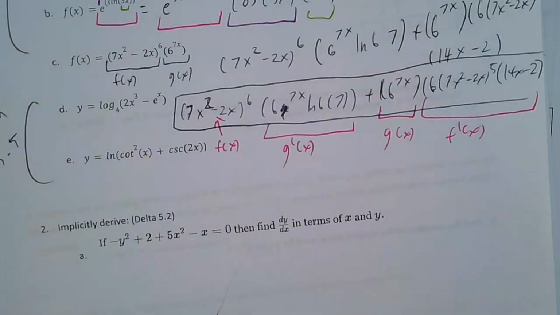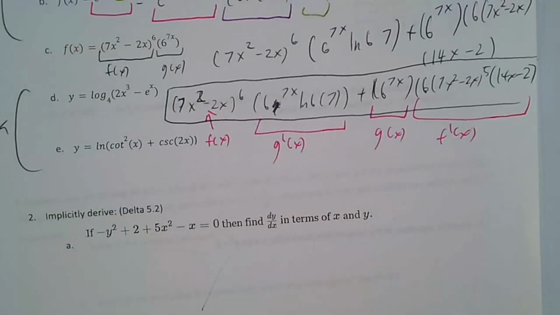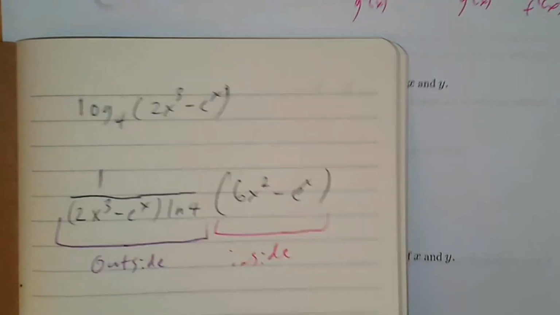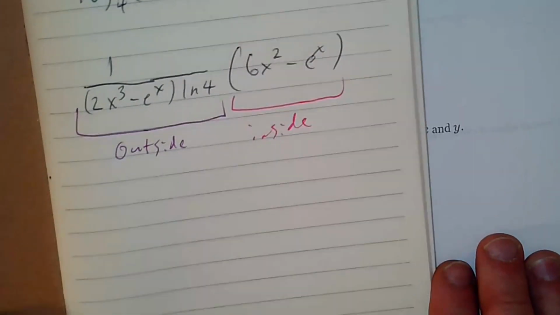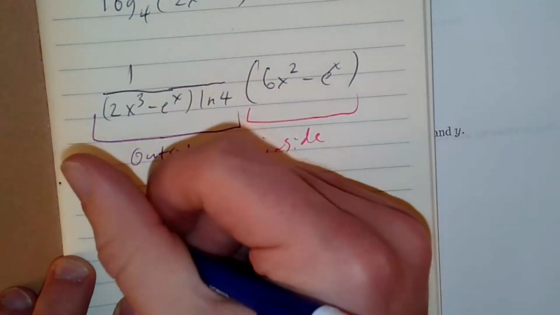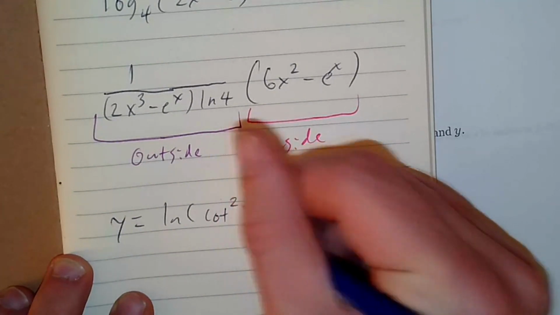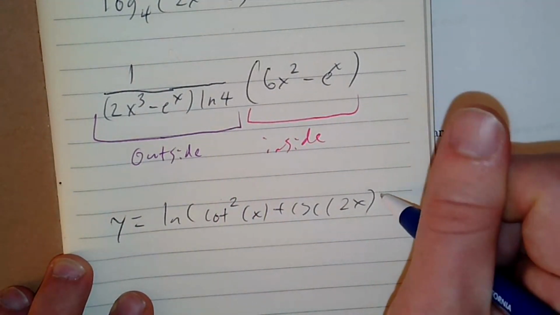Okay. Next one, ln of cotangent squared x plus cosecant 2x. Again, I'm going to need paper for this one. So I'm going to rewrite it. We have y equals ln of cotangent squared x plus cosecant 2x.